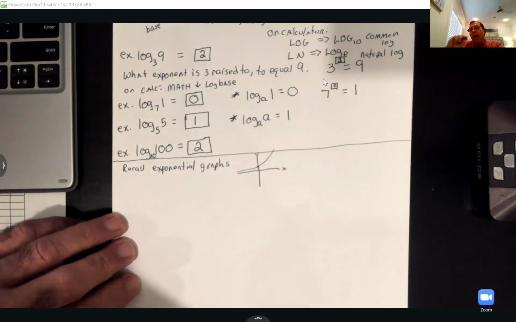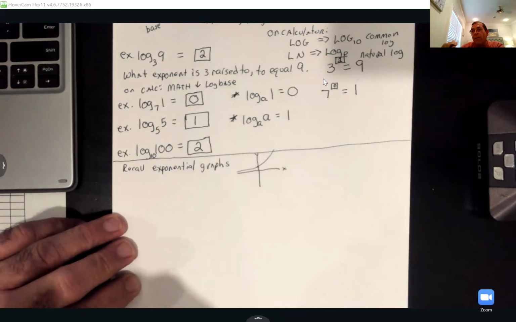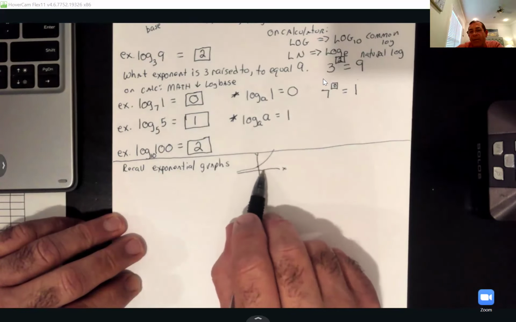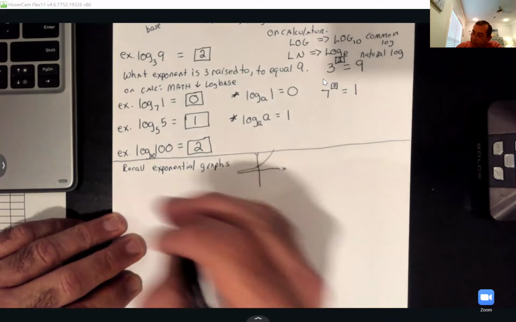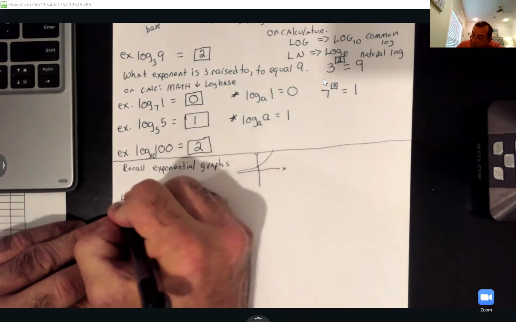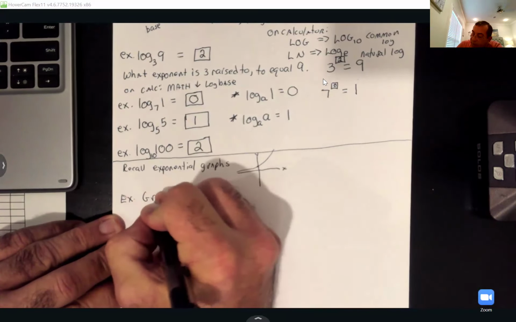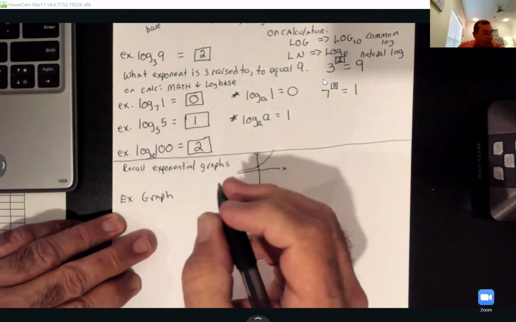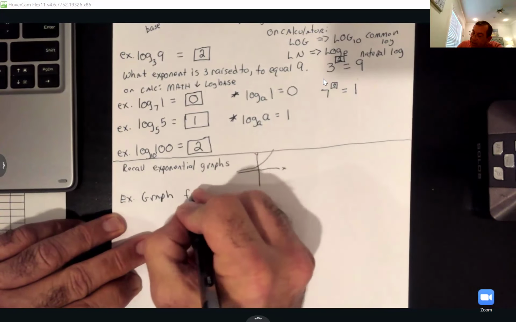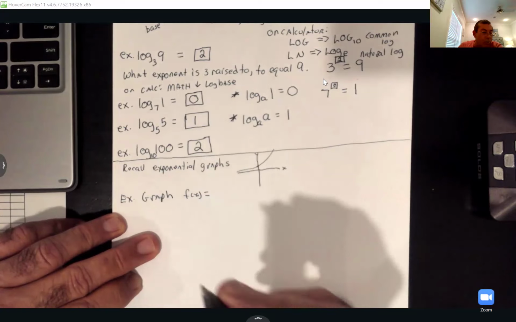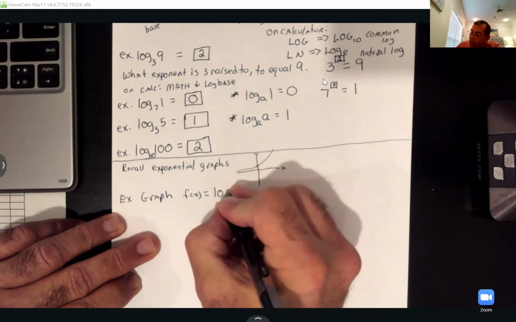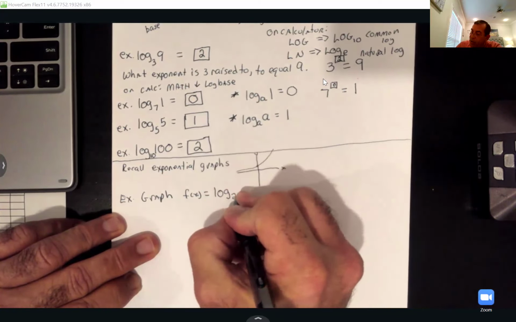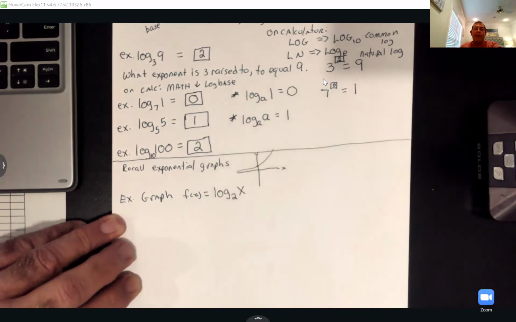Now, the logarithmic graphs are inverses to the exponential. So what we're going to do to show you that, we're going to graph f of x equals log base 2 of x.